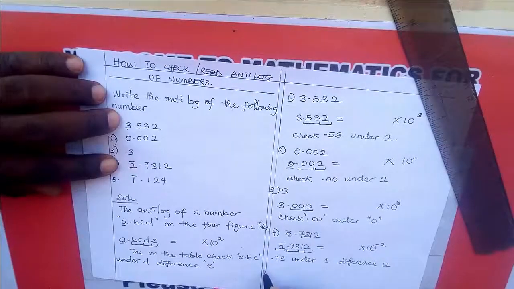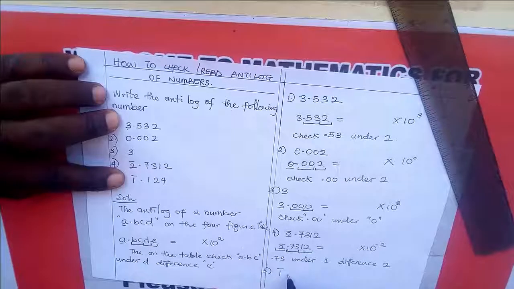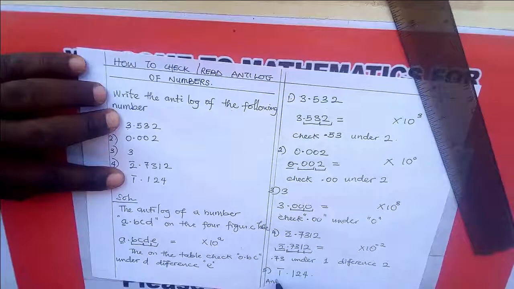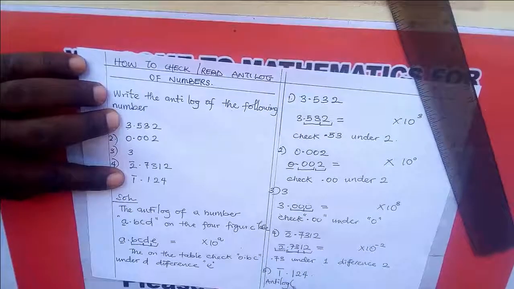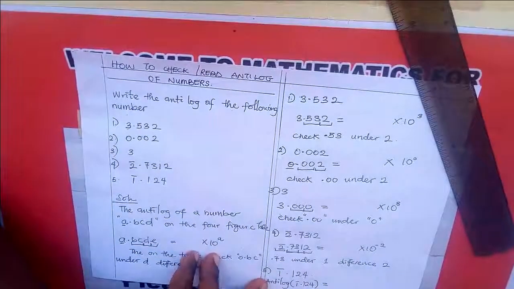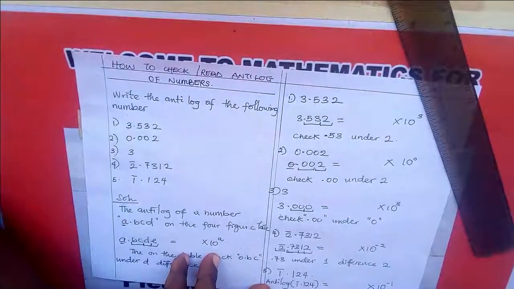And the last one, the fifth one. How do I look it up on the four-figure table? To check the antilog of bar 1.124, it is equal to the characteristic times 10 raised to the power of -1 from this bar 1.